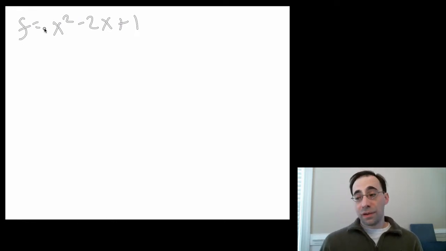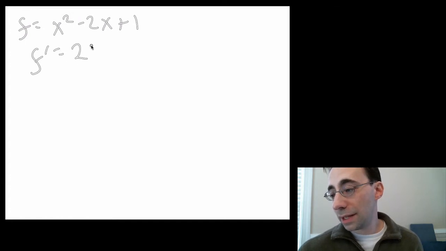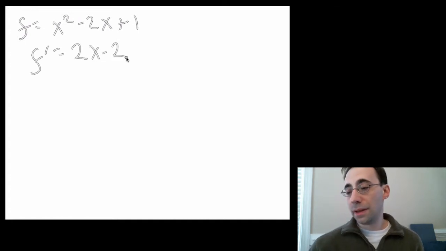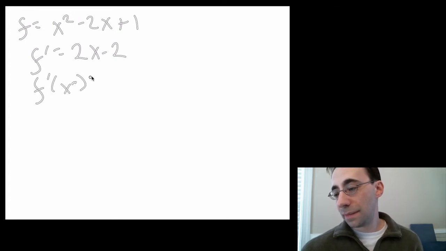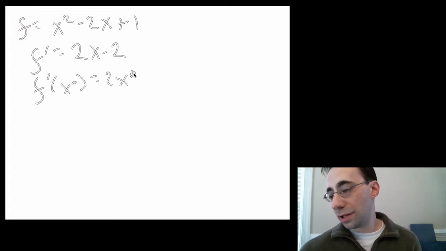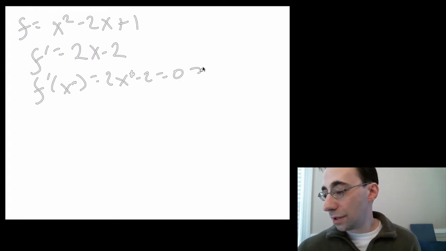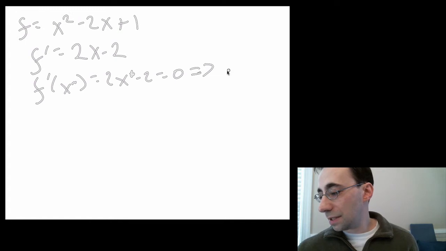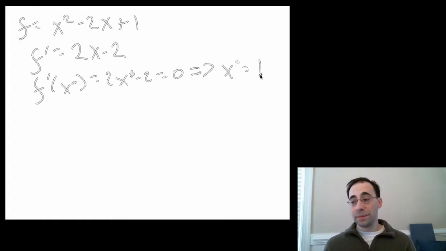First we're going to find the derivative. That's going to equal 2x minus 2. Next, we're going to solve this equation, its first order condition, equals 0. This implies that there's only one stationary point, x star equals 1.